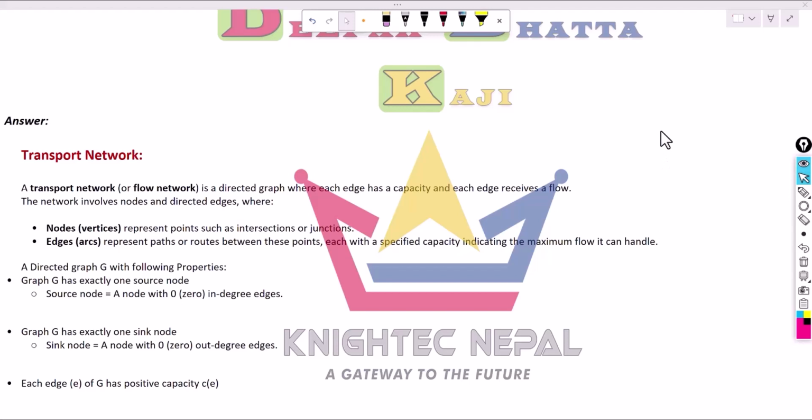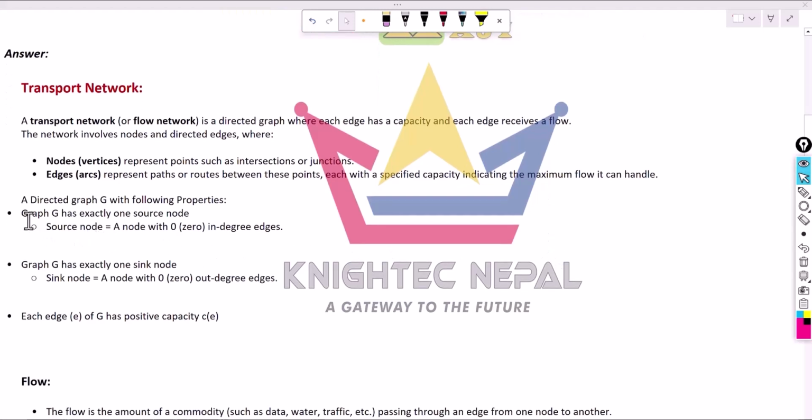The first property of a directed graph is that graph G has exactly one source node. Source node means the node which does not have any indegree; the node which has 0 indegree is known as a source node. And we also have exactly one sink node.